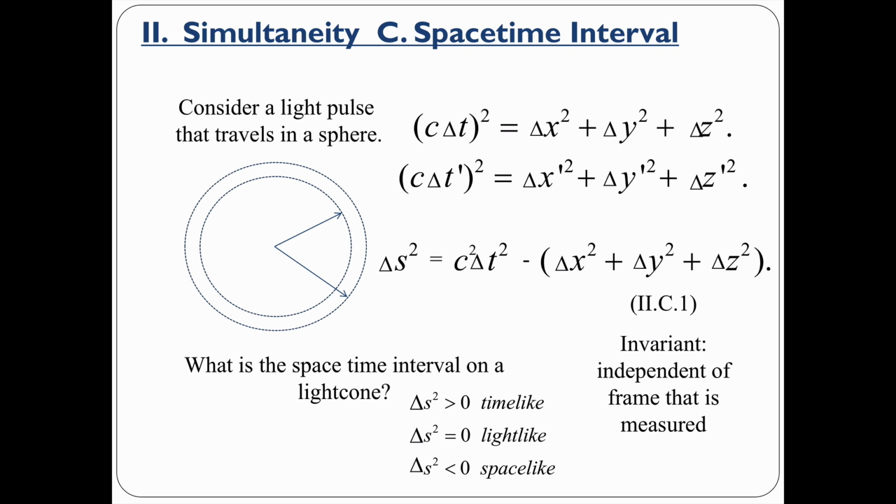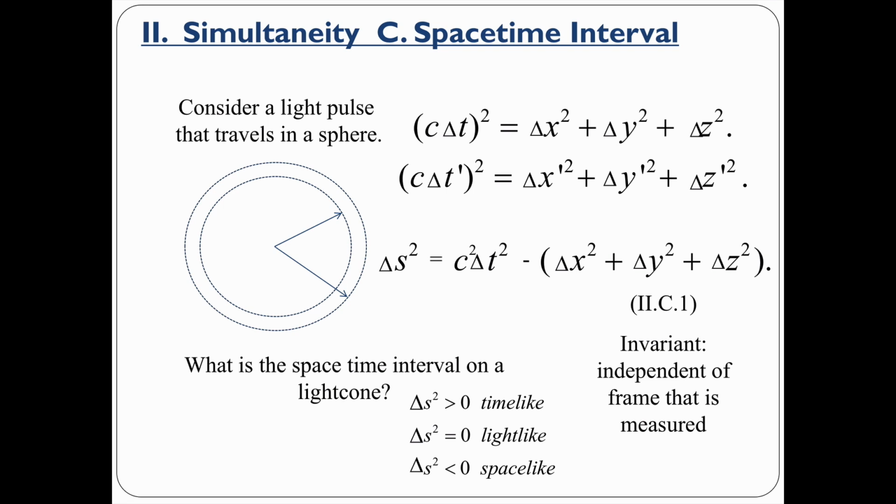And here I introduce another, the space-time interval. It's a way of measuring the separation between events. But now instead of using a ruler, we have to use a ruler and a clock. If you consider a light pulse that moves out in a sphere, you can compare how fast it's moving times the time it takes to move, say c times delta t squared, and that will describe a distance, say delta x squared plus delta y squared plus delta z squared.